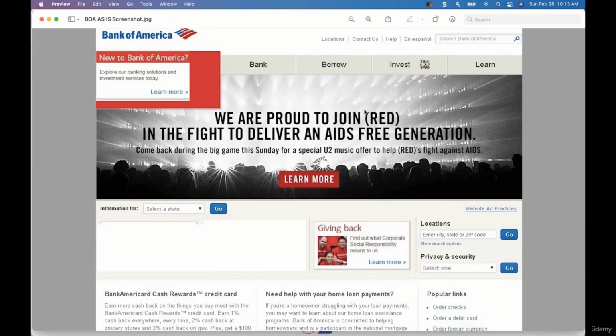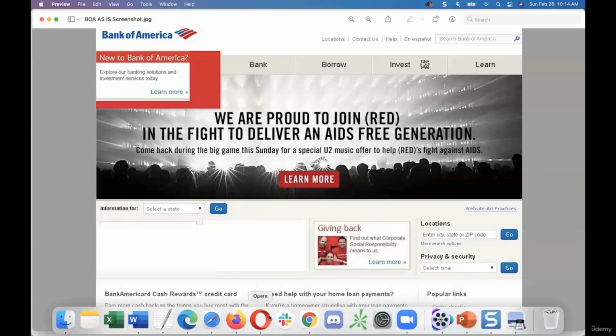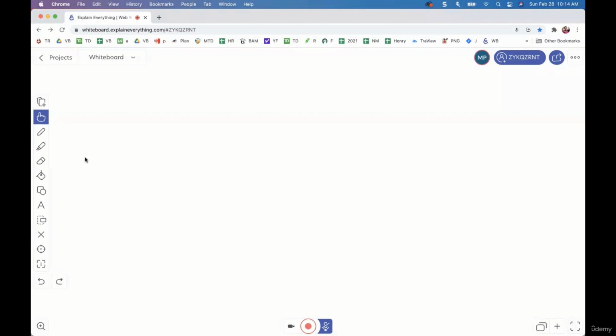So for the sake of understanding, we'll imagine that we are in the year 1999, 2000, and currently Bank of America does not have any capabilities of online banking. Now in the year 1999, the business owner of Bank of America identifies the need that it is about time that we introduce online banking capabilities on our website.